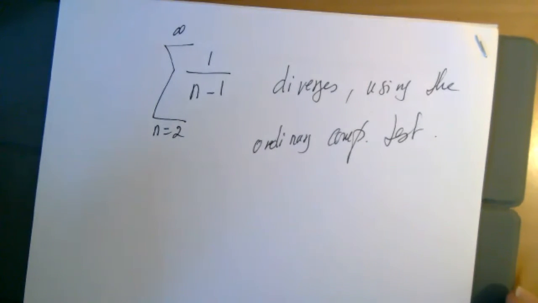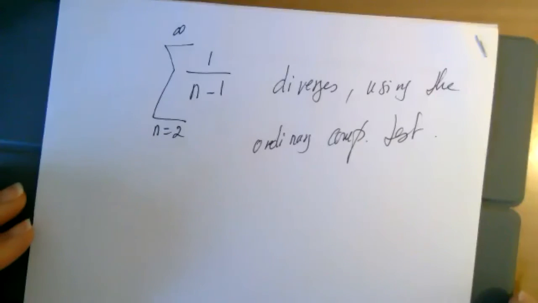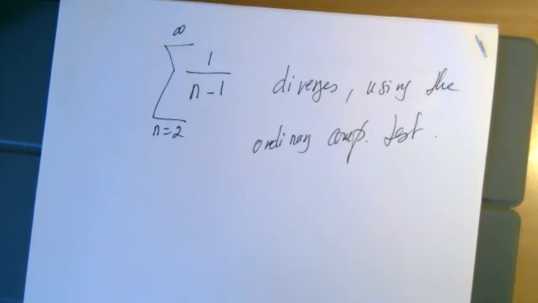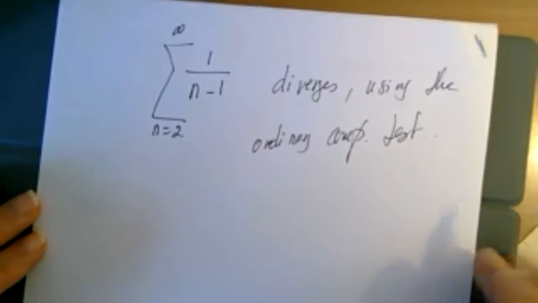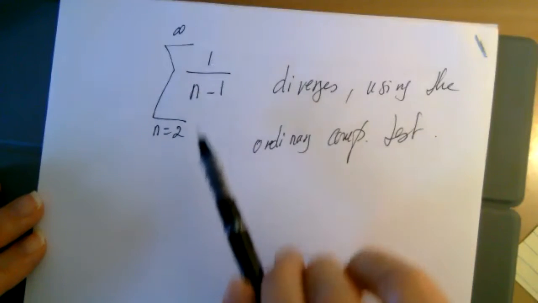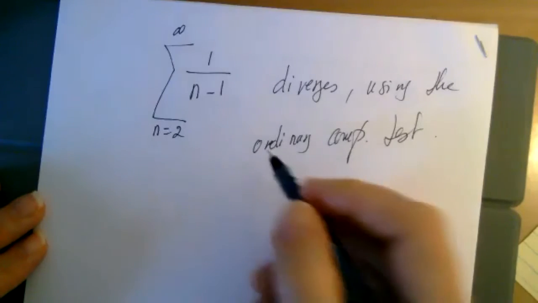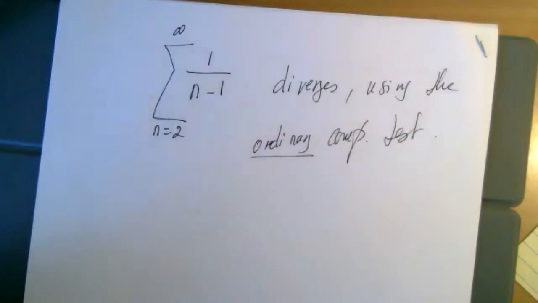So what should we be looking for in this particular scenario? Please, I would like your answers. I cannot talk to myself. Okay, so I want you to convince me that this one diverges using the ordinary comparison. So what do you go after?